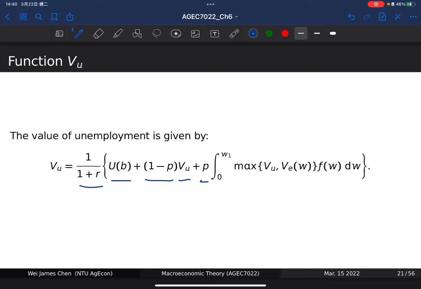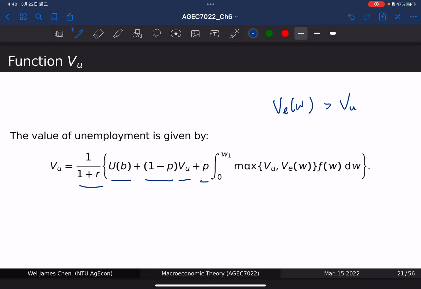But this offer only has value if it is higher than the reservation wage, meaning the value is higher than VU. If VE of W is higher than VU, I will accept this wage offer. If not, I'm not going to accept this offer.